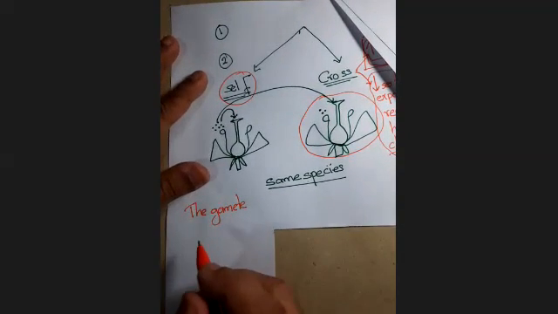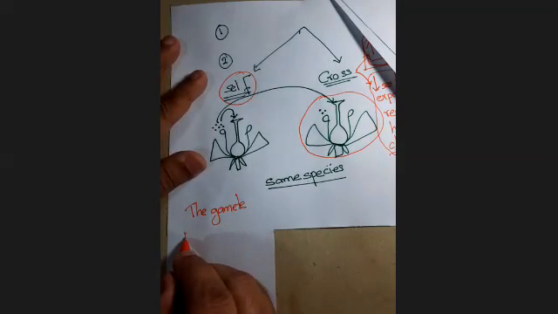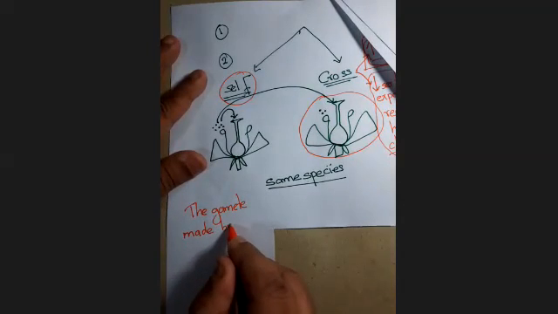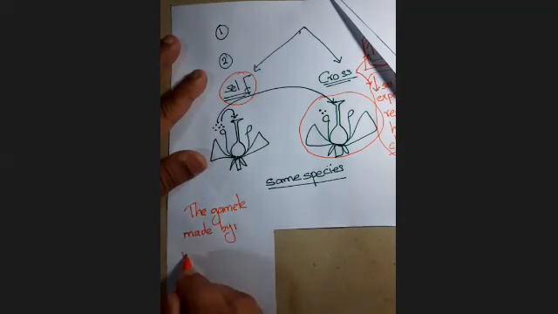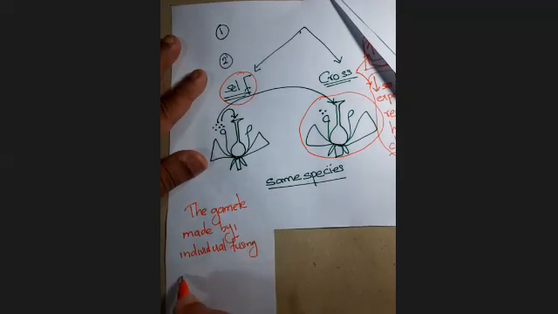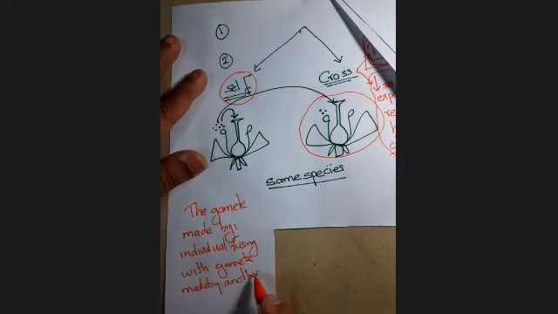Cross-fertilization. Okay. The gamete made by one individual fusing with the gamete made by another individual. Understood?